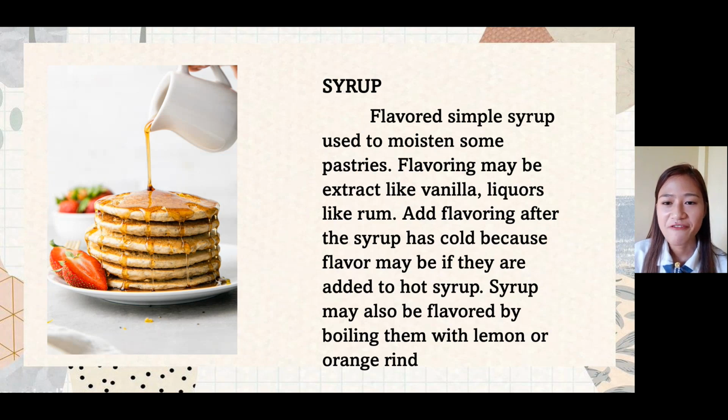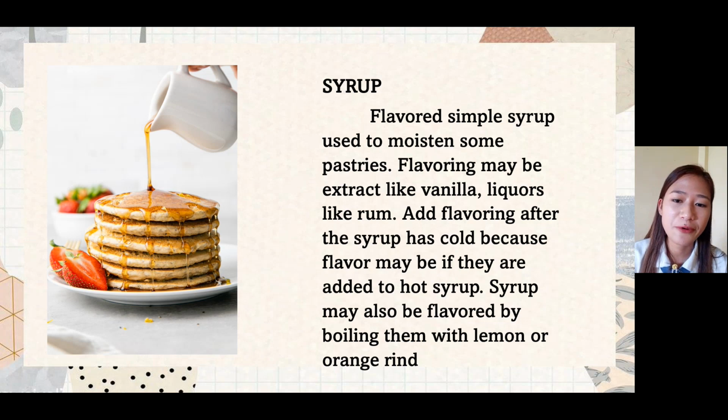First is syrup. Flavored simple syrup is used to moisten some pastries. Flavoring may be extract like vanilla, or liqueurs like rum, and add flavoring after the syrup has cooled, because the flavor may be lost if added to hot syrup.